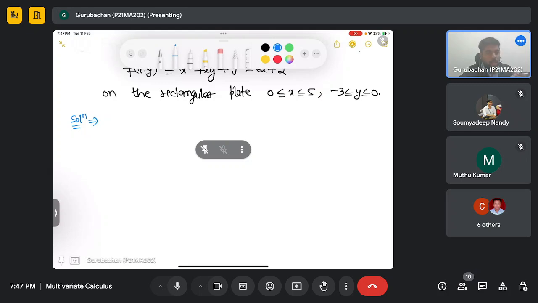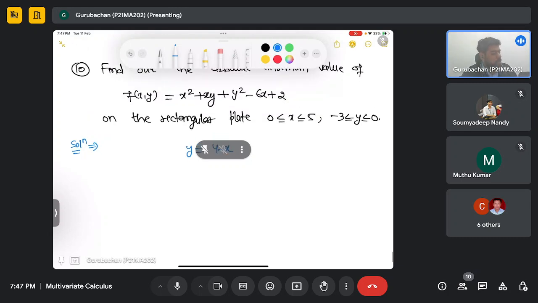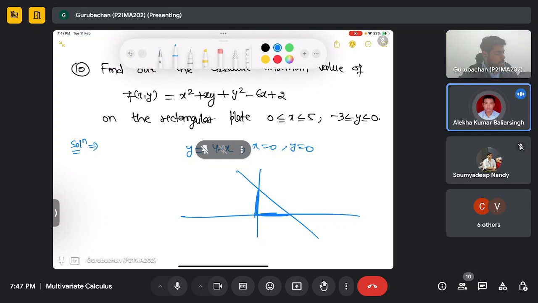For example, I'm just writing, not saying this will lie on something: y equal to 4 minus x, and x equal to 0 or y equal to 0. For the boundary, this is x equal to 0, this corresponds to y equal to 0, and this is y equal to 4 minus x.